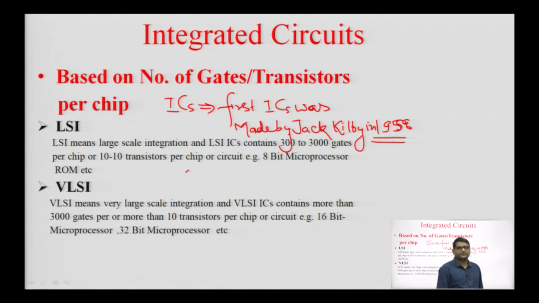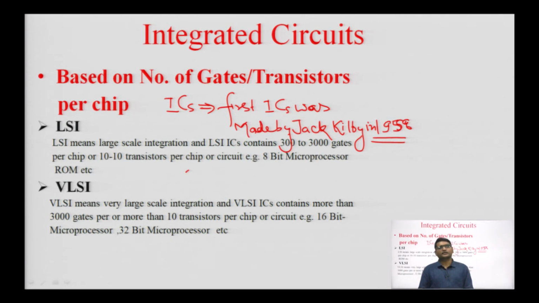The first IC was made by Jack Kilby, based on germanium material, and another person, Robert Noyce, made the first true IC, which is made of silicon material. So, these two people discovered the integrated circuit.